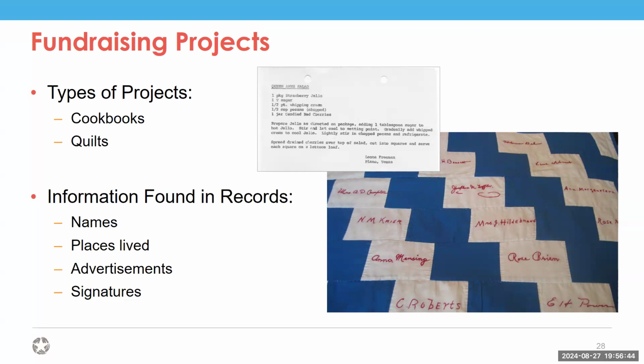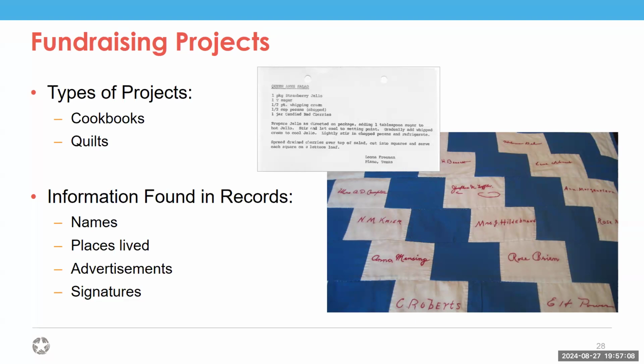So oftentimes you'll find, again, names, just places lived in these records. But for cookbooks, you might also find things like advertisements for local businesses that could include names that maybe didn't submit a recipe. But now you found the Schimmelfinnig grocery store, and you have a Schimmelfinnig ancestor.